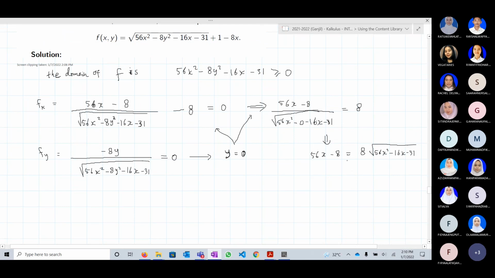If we divide both sides by 8, then we get 7x minus 1 is equal to square root of 56x squared minus 16x minus 31.